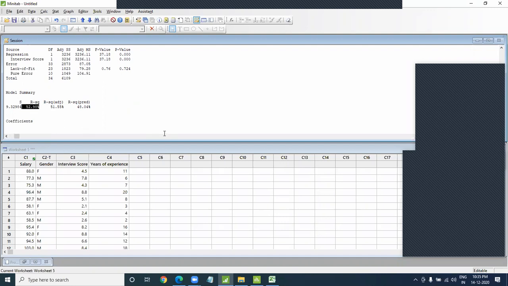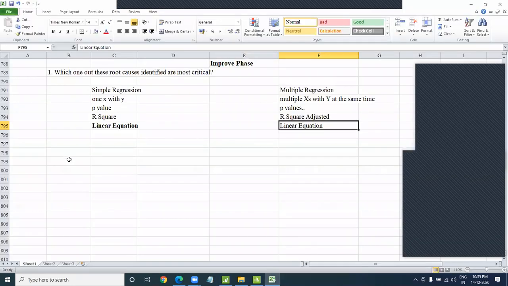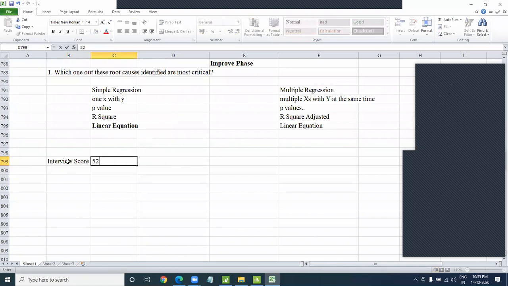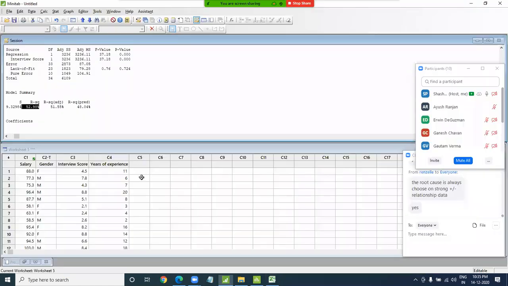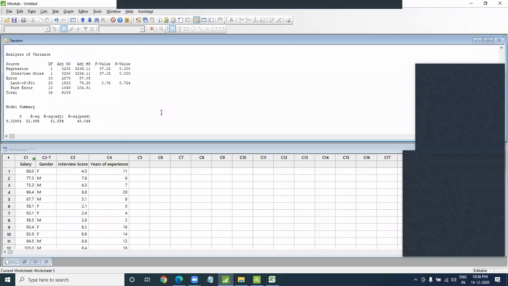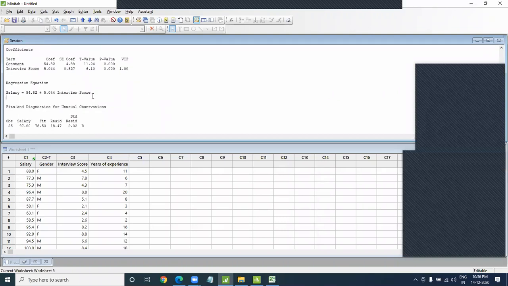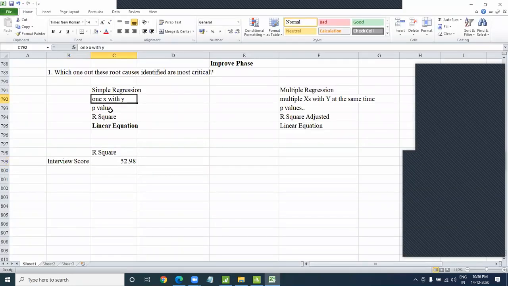So let me just quickly make a note of this. Interview score, 52.98. That's R square. The equation, I'll skip, as for a simple one x it will get repeated later on. So for one x with y, we've seen the p-value, we have got the R square.